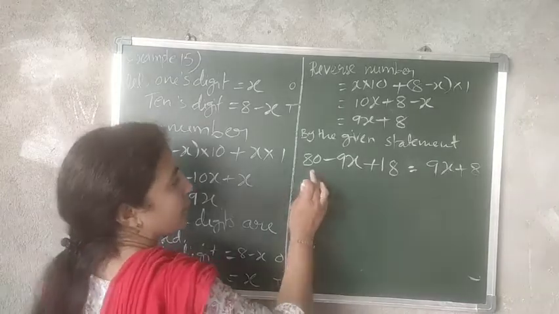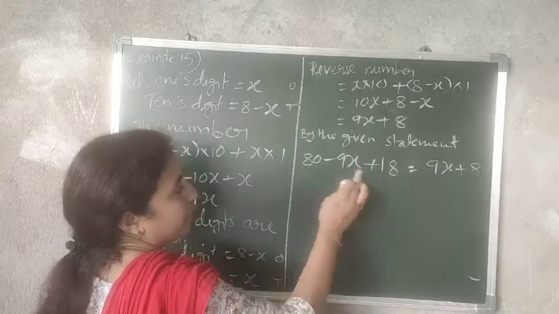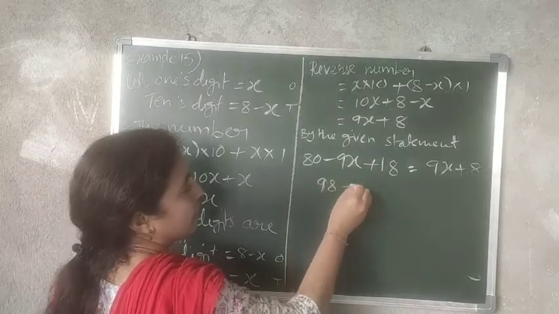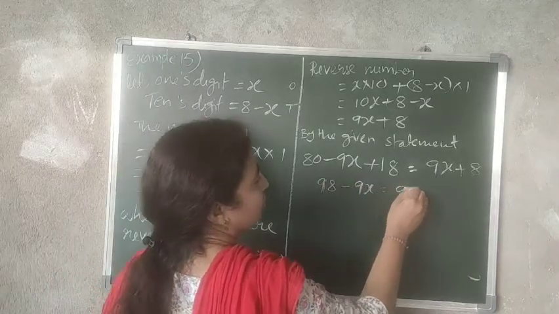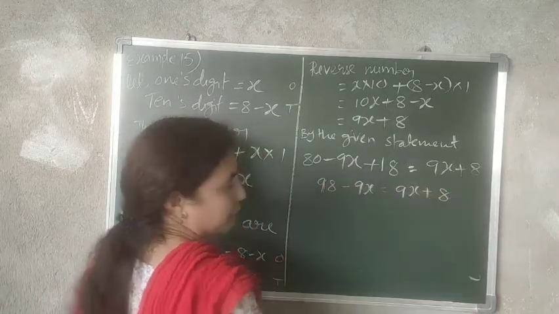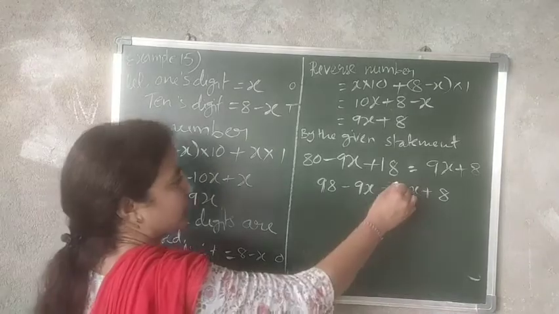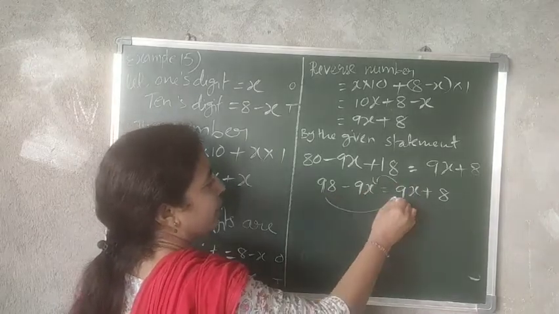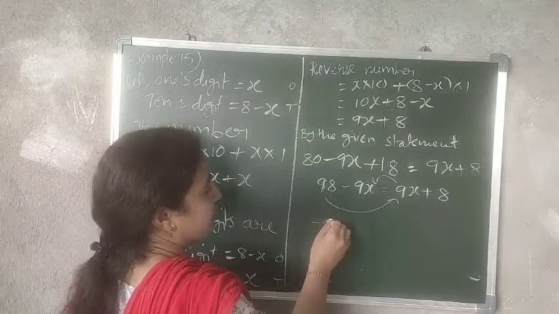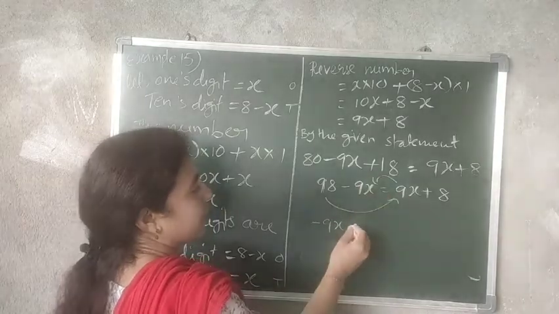Now solve it. 80 plus 18, like terms, gives 98 minus 9x is equal to 9x plus 8. Now bring this 9x to this side and 98 to the other side. When you bring plus 9x to this side, it becomes minus 9x.